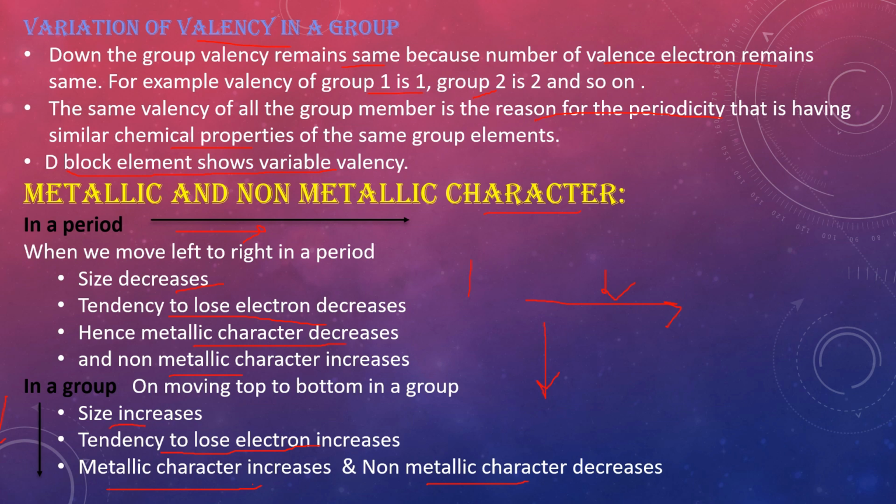That is why if we compare the metallic character of lithium and sodium, sodium is more metallic than lithium. On the other hand, if I compare the metallic character of sodium, having atomic number 11, and magnesium, then sodium is again more metallic than magnesium.